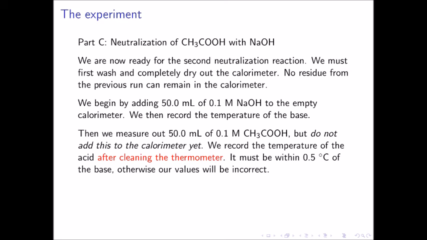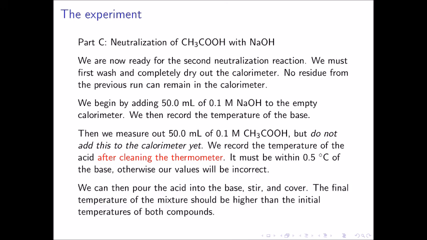We record the temperature of the acid after cleaning the thermometer. As before, it must be within 0.5 degrees Celsius of the base. We can then mix the acid in the base, stir, and cover. Once again, the final temperature of the mixture should be higher than the initial temperatures of both compounds.